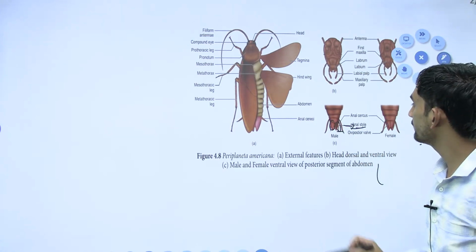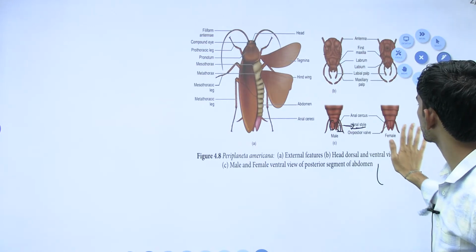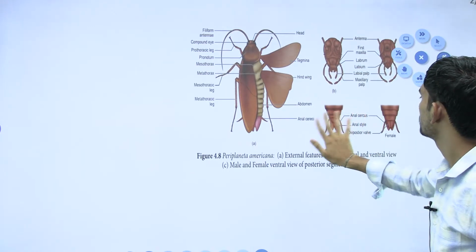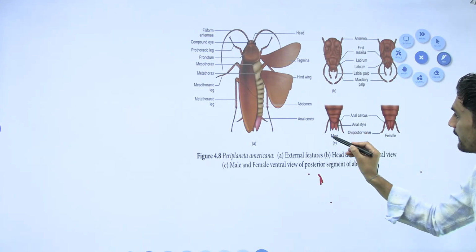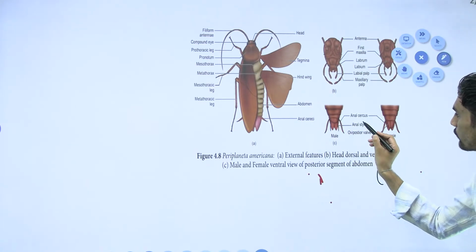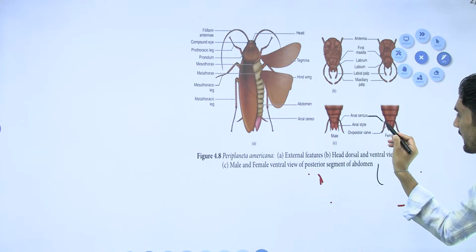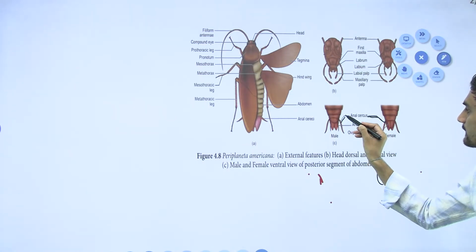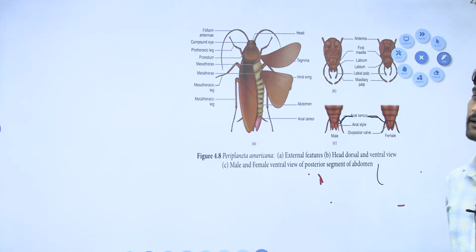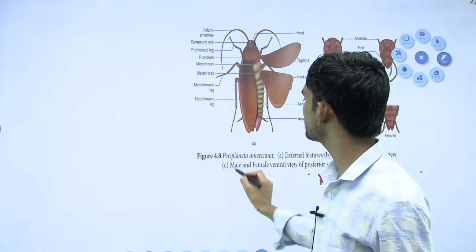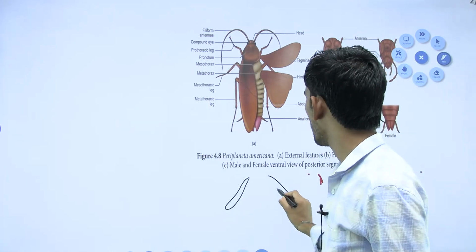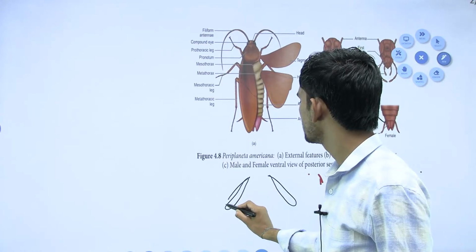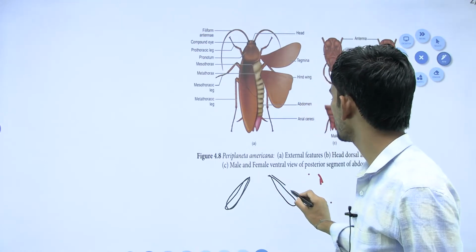But in both you will find another very important structure. Here you will find two more appendage-like structures, and these two together are called anal cerci. Sir, what is meant by anal cerci? These anal cerci are very important sense organs which receive sound vibrations from the external environment.